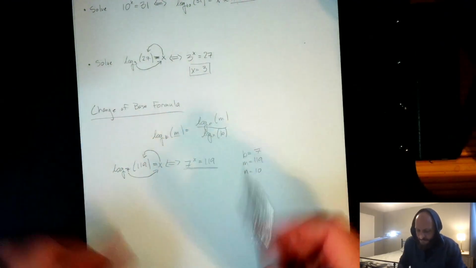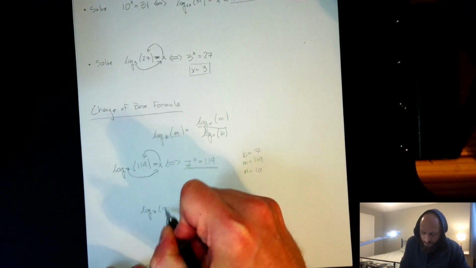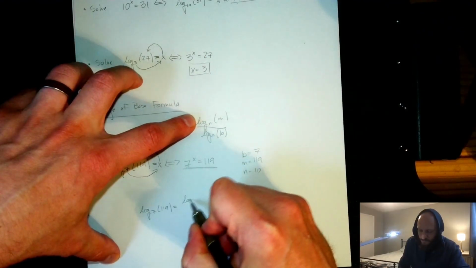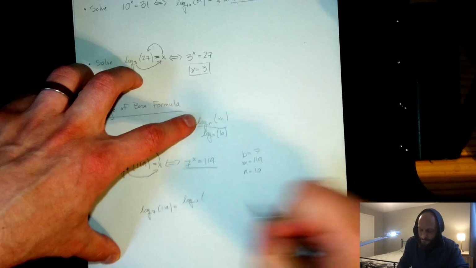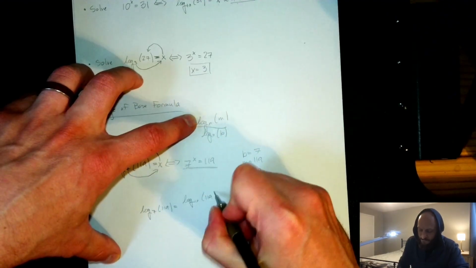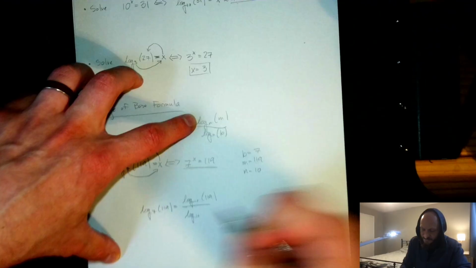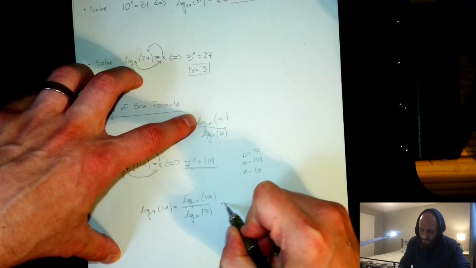So just plugging everything into the change of base formula, log base 7 of 119 is log base n, so n is 10, log base 10 of 119 divided by log base 10 of 7. And now we can plug that into the calculator.